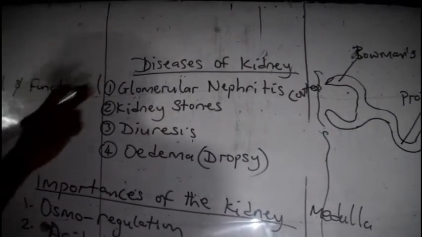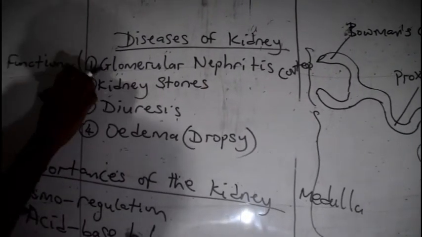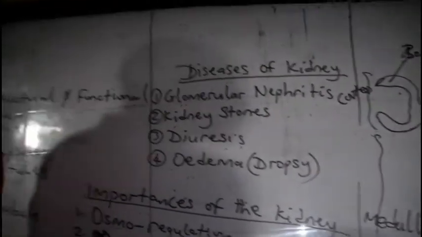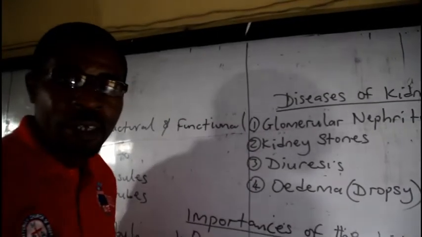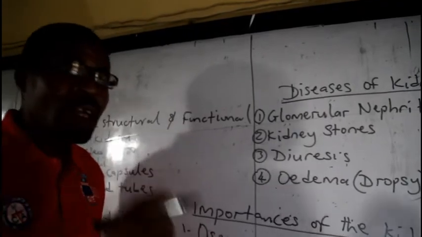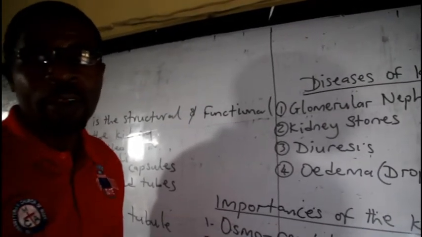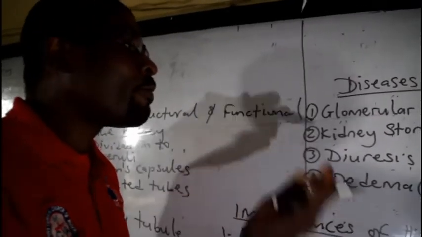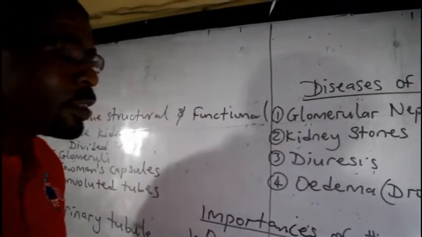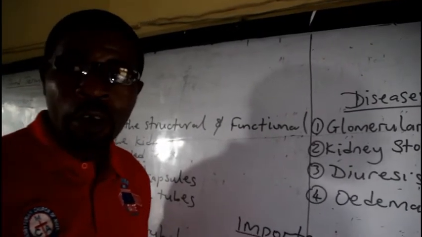The first disease on the board is called glomerular nephritis. This disease mostly affects children and adolescents. It is as a result of a bacterial infection, a particular strain of bacteria known as streptococcus. When streptococcus affects the kidney, it causes the kidney to be inflamed and it will lead to porosity.